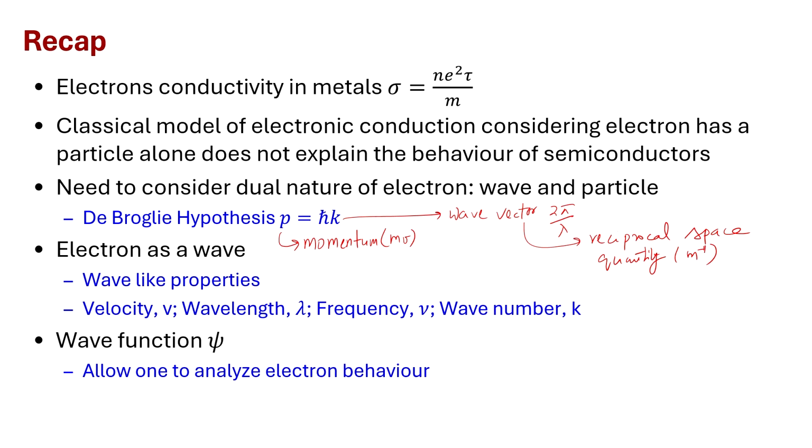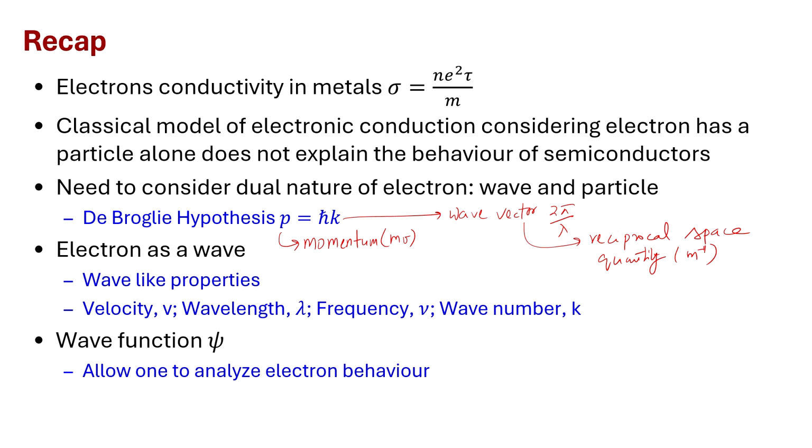So this was the first hypothesis that related the particle like property, that is momentum, with the wavelength of a wave, that is electron in this case, and this went a long way in explaining the behavior of semiconductors and even metals.